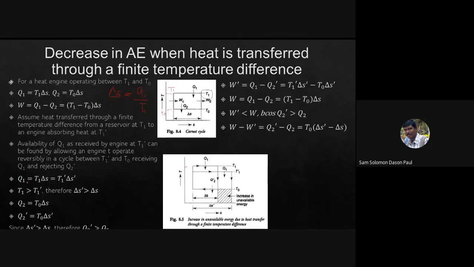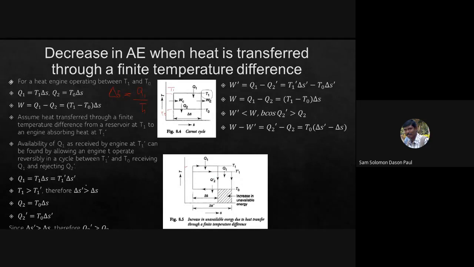Both are equal amounts of heat, which is something you should understand. The same amount of heat is taken by the heat engine to deliver the required work output. So that is your Q1.